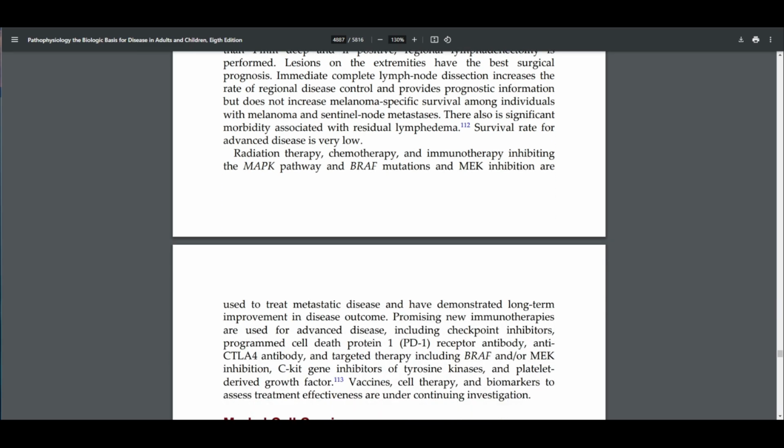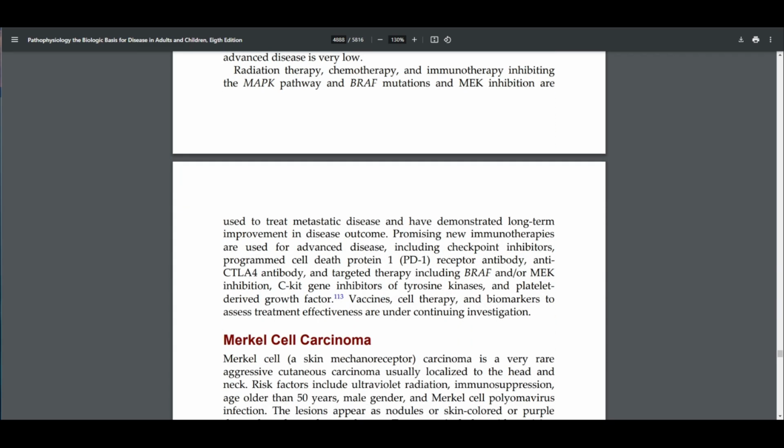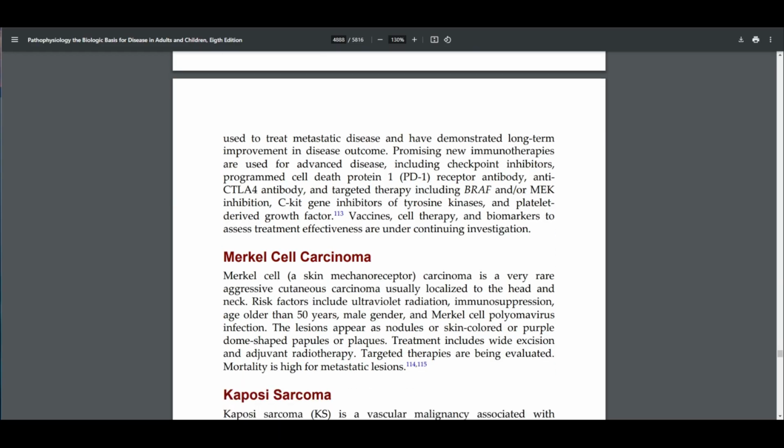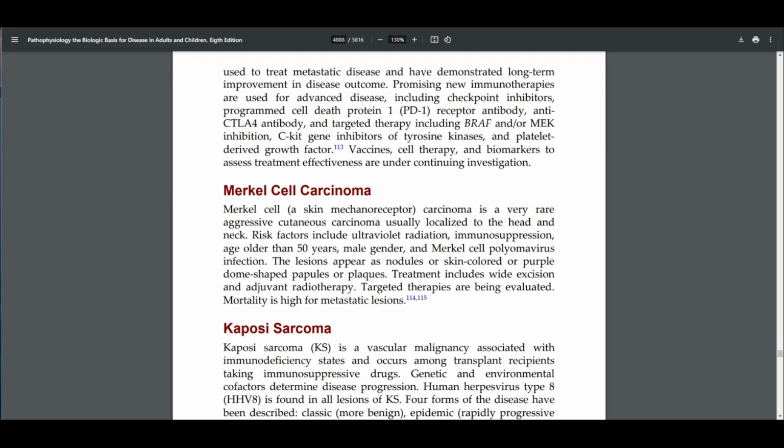Radiation therapy, chemotherapy, and immunotherapy, inhibiting the MAPK pathway and BRAF mutation, and MEK inhibition are used to treat metastatic disease and have demonstrated long-term improvement in disease outcome.